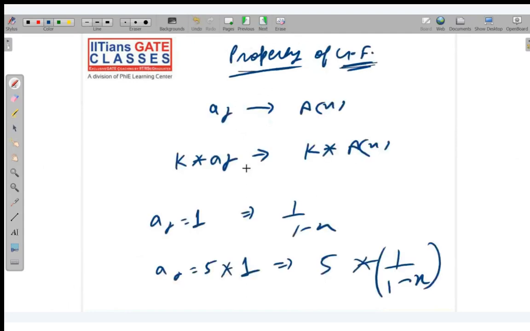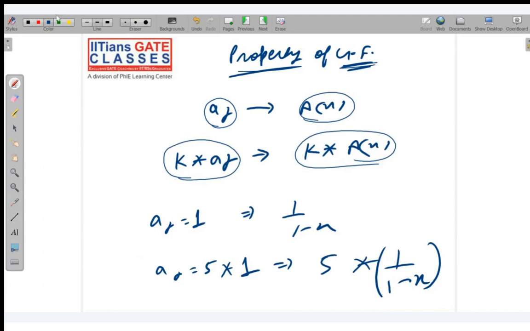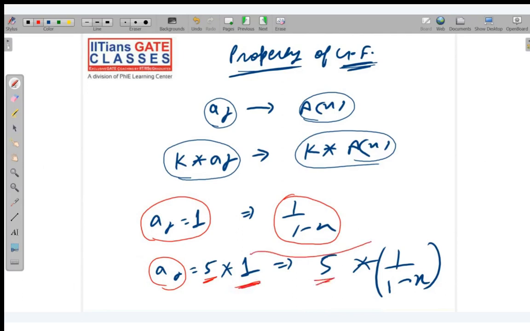What is the property of the generating function? If the numeric function is AR, the corresponding generating function was AX. So if the numeric function is multiplied by K, then the corresponding generating function is also multiplied by K. For example, AR was 1, and the generating function was 1 upon 1 minus X. So if the numeric function is 5, which is nothing but 5 multiplied by 1, it will be 5 multiplied by 1 upon 1 minus X. That is the beauty of this property.